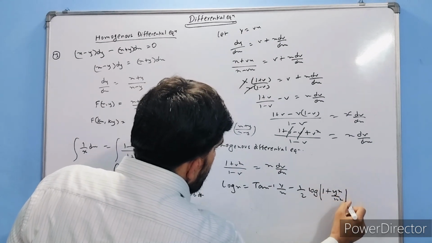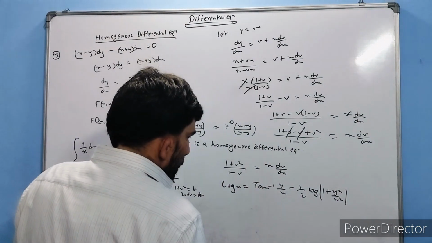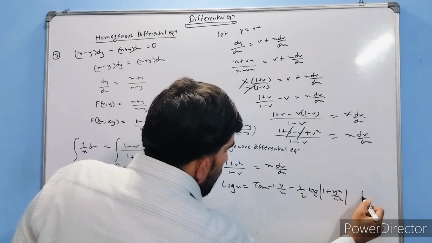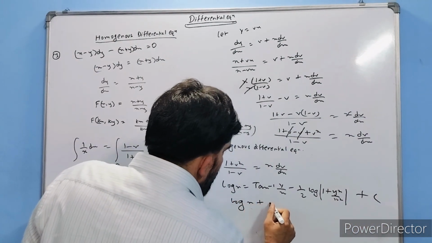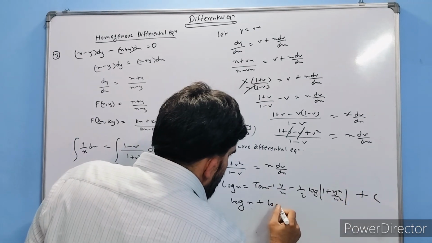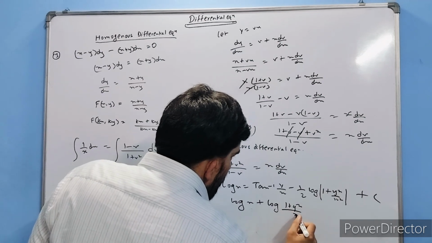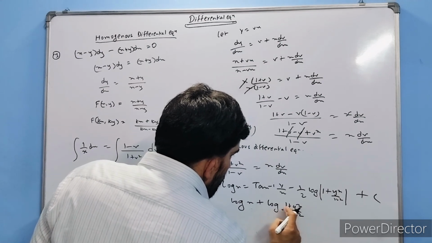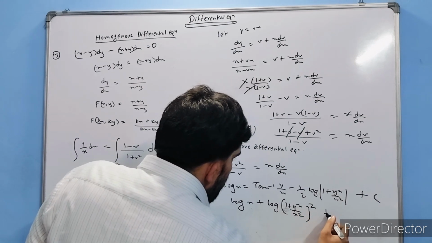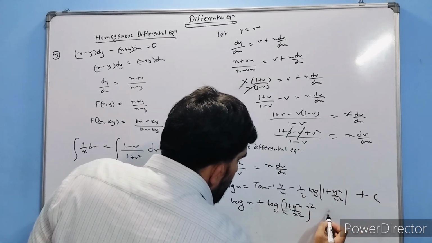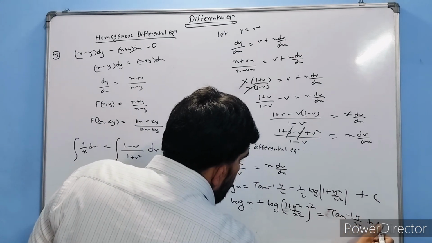Now if I take this to that side plus c, log x plus half log 1 plus y square upon x square, that is square here, plus tan inverse y upon x plus c.